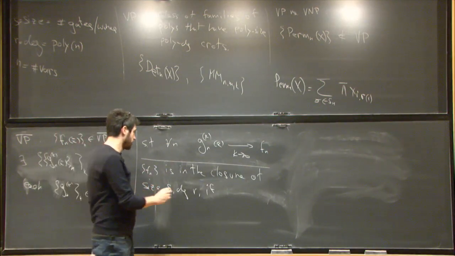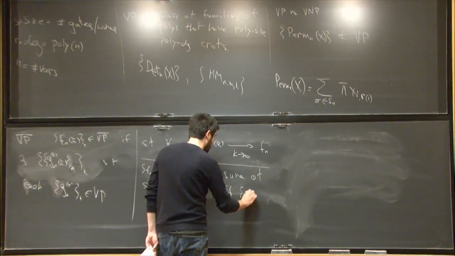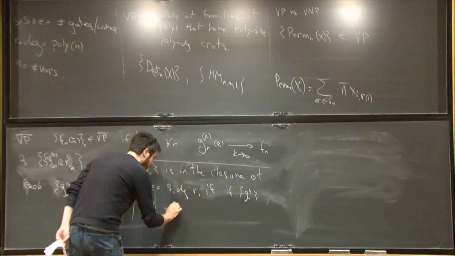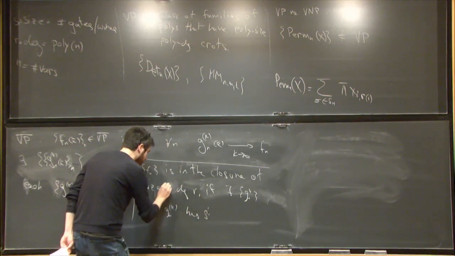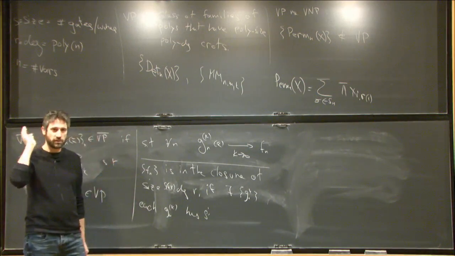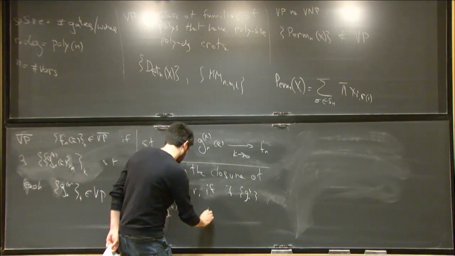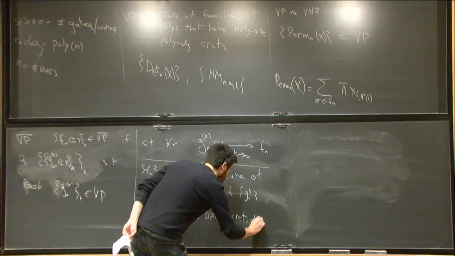Think about S as being polynomial in n and R as being polynomial in n, a size S circuit of degree R.